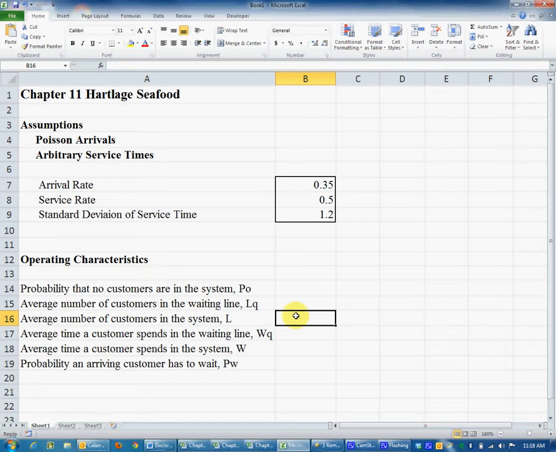So a standard deviation provides another level of accuracy in terms of the service rate. It just makes us a little bit more precise. And if you did this for real life, you're going to do standard deviation of service time.